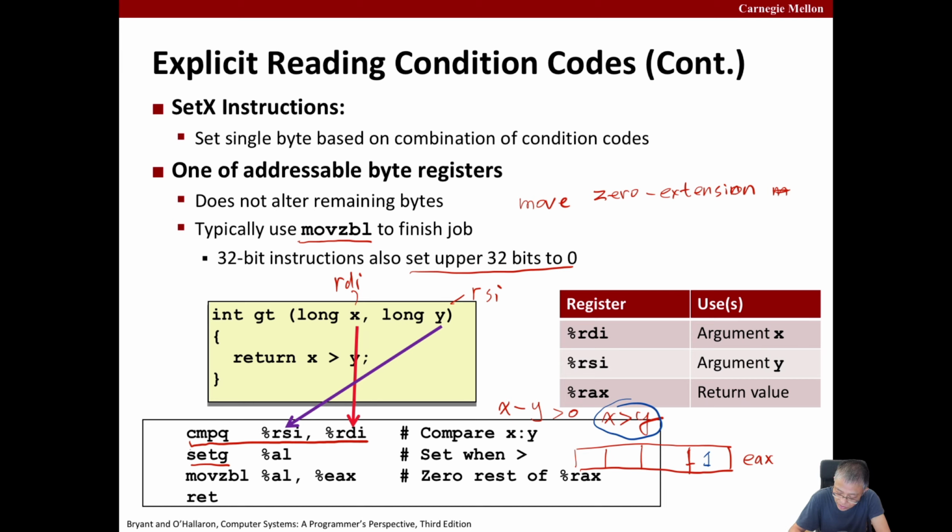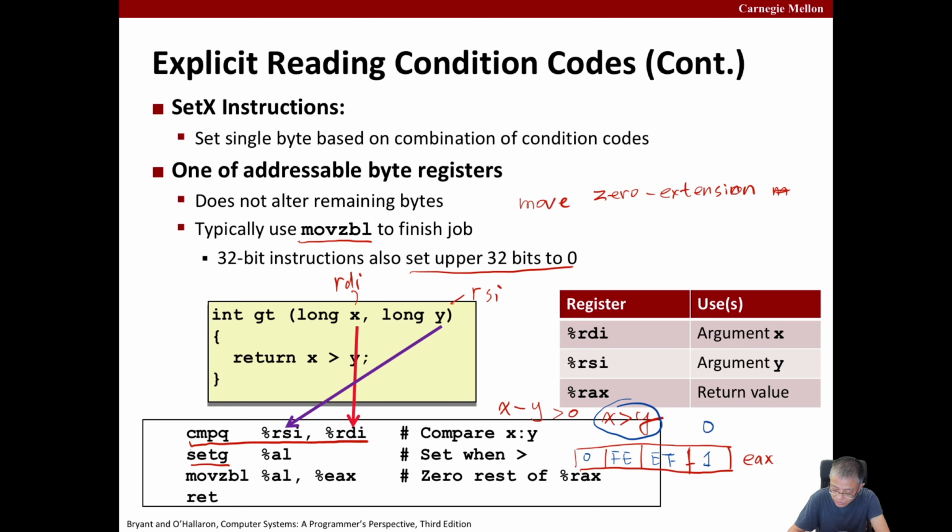But all those higher bytes could be anything in there, like this could be FE, this could be EF, this could be 0. So if you just return this, it will give you a wrong result, especially if x is less than or equal to y. In that case, the lowest byte will be 0.